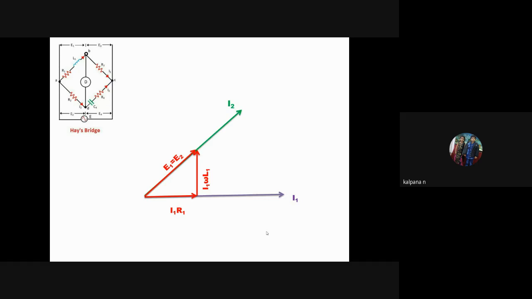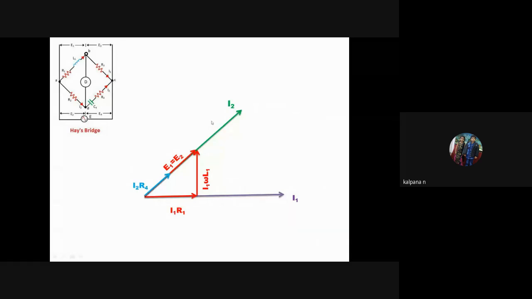And after that I2 is also flowing through the branch CD. So the current flowing through this resistance is I2, in phase with this I2. What is the voltage drop across R4? That voltage drop is in phase with I2, but not the voltage drop across C4. So I2 R4 I have drawn on the same line as I2 and E2.